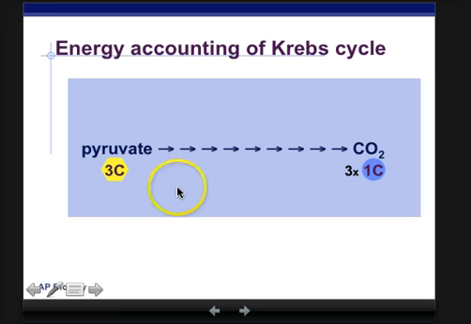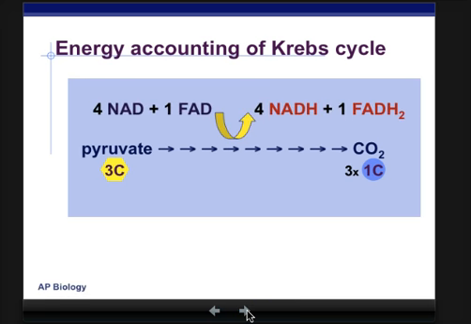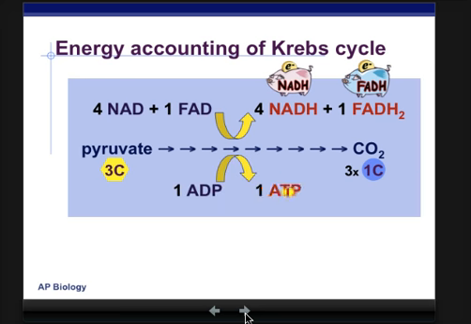This 3-carbon molecule is producing 3 molecules of CO2. And we are going from NAD and FAD to NADH and FADH2, so that we have our little oink oink electron carriers there, and 1 ATP.